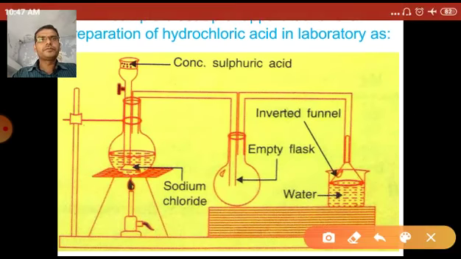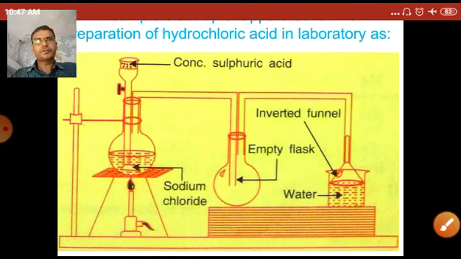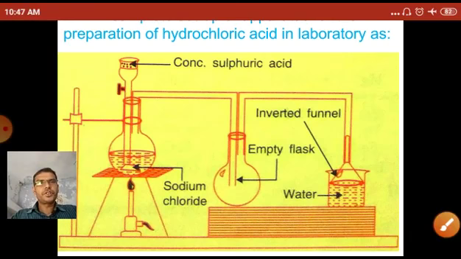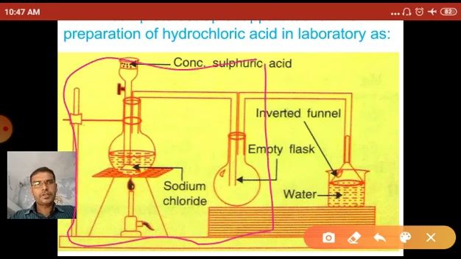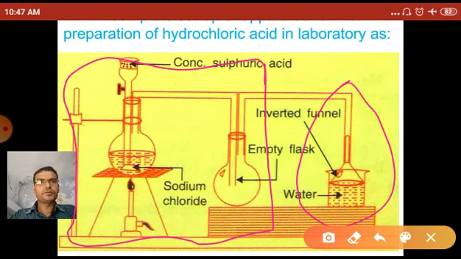Now a complete set for the preparation of hydrochloric acid in the laboratory. These all are the arrangement for the preparation of hydrogen chloride gas, and this adjustment is for the continuous preparation of hydrochloric acid.